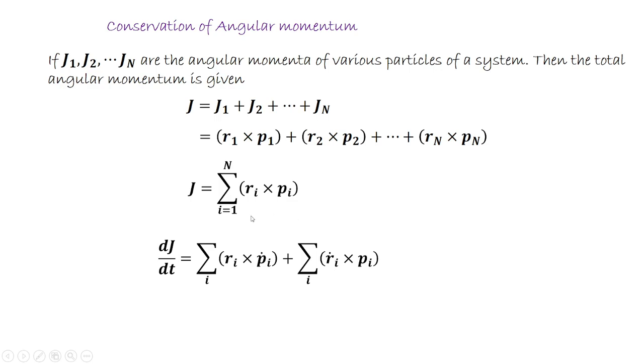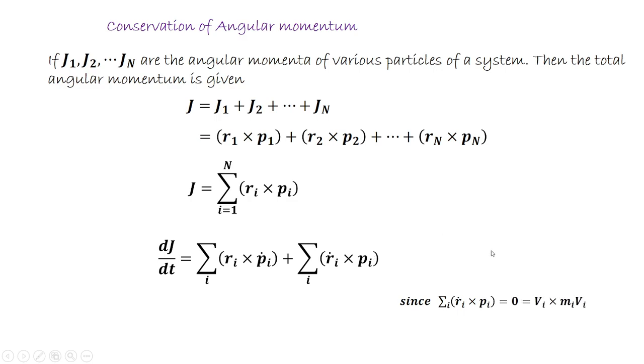If you look carefully, the p dot is nothing but force, I mean the rate of change of momentum is nothing but force. Here r dot is nothing but velocity, crossed with the momentum of the i-th particle, mi vi. If you take the cross product of this, it goes to 0.